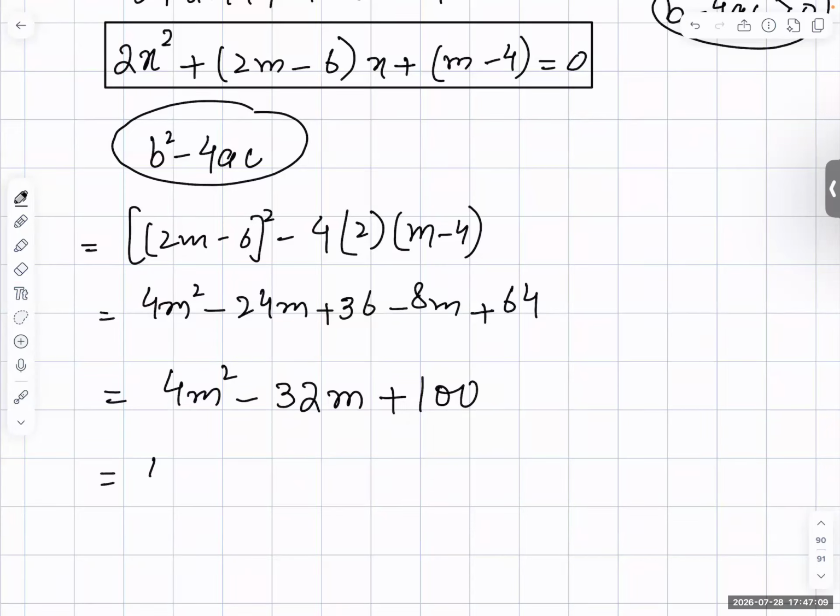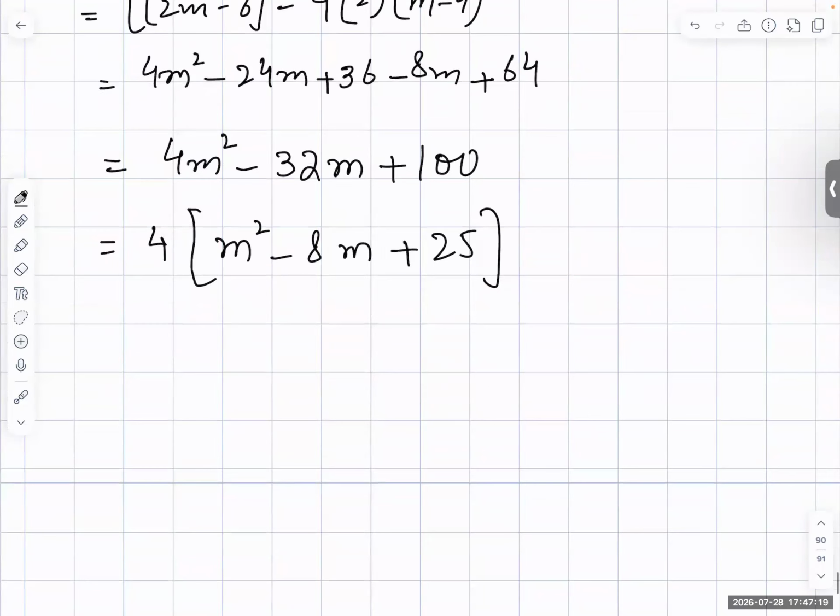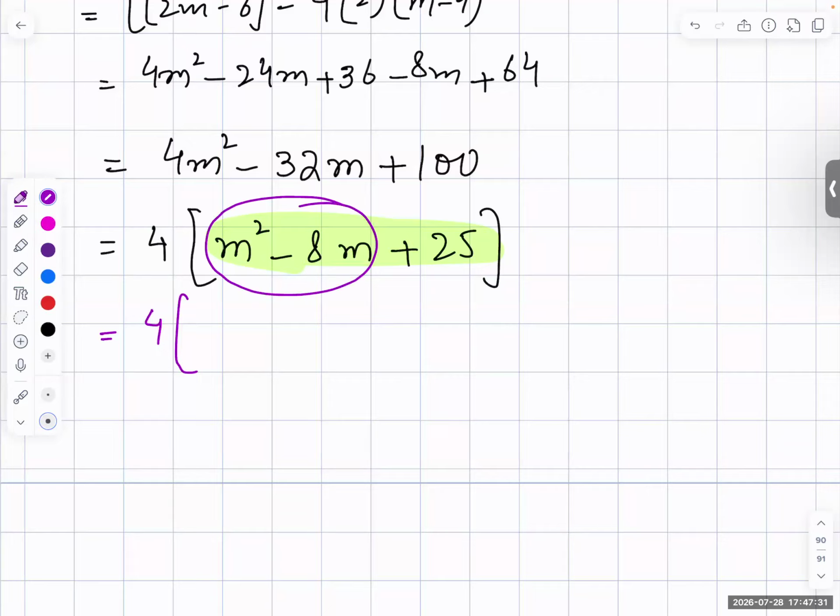Can I take common? Yes, I can take 4 common. That is m square minus 8m plus 25, right? If I can express this as a complete square and make sure this is positive, then it's going to be always positive. So that is 4, now let's write it as a complete square.